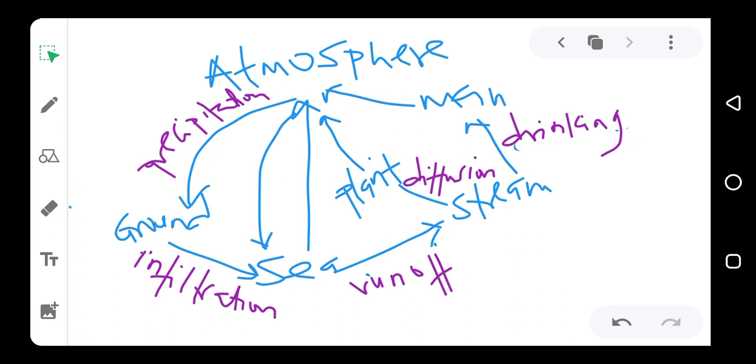You can see here is the sea, water moving from sea to stream, and then through runoff, maybe you channel it through a pipe, and then it comes to a stream, and from stream somebody can drink it. Through drinking, it will come to a man, and then from man, maybe it's through sweating or evaporation.